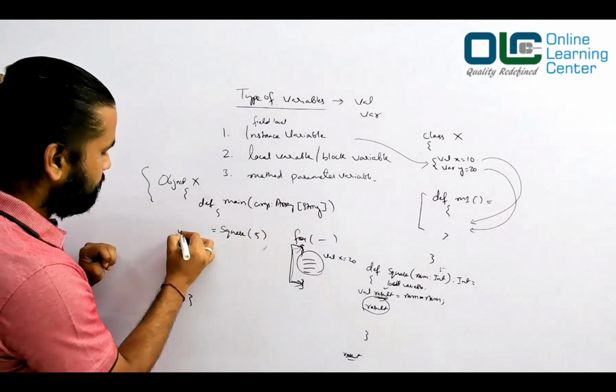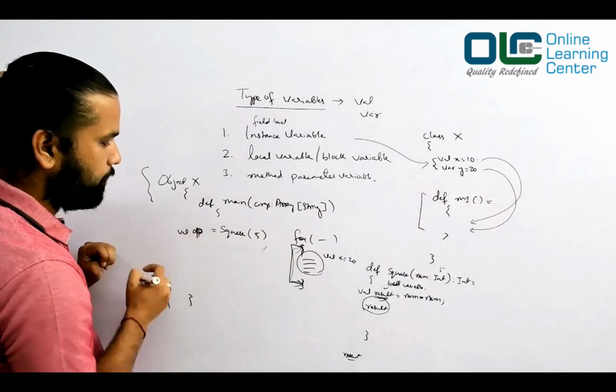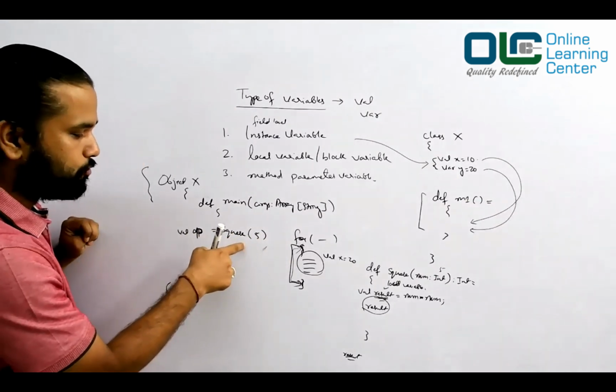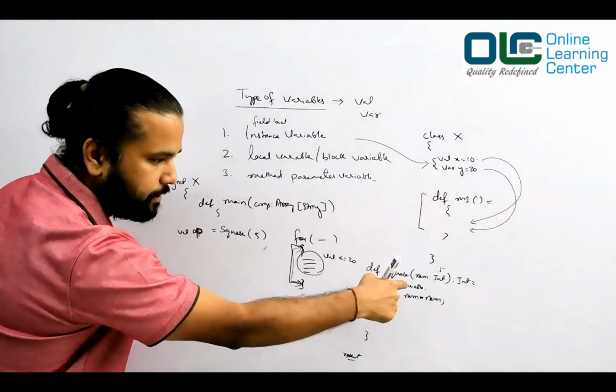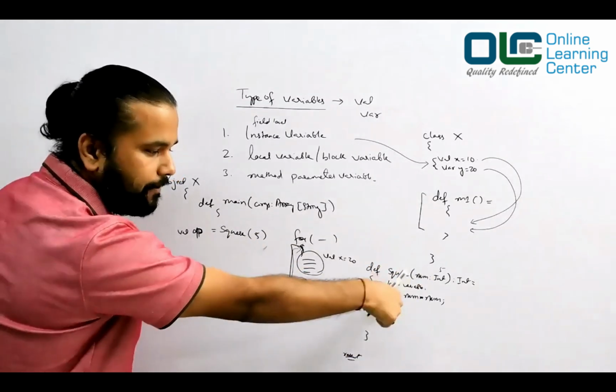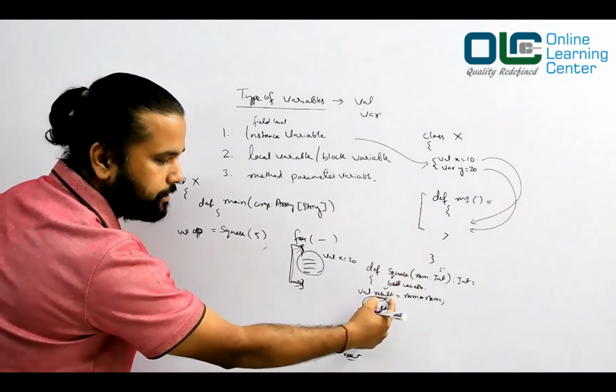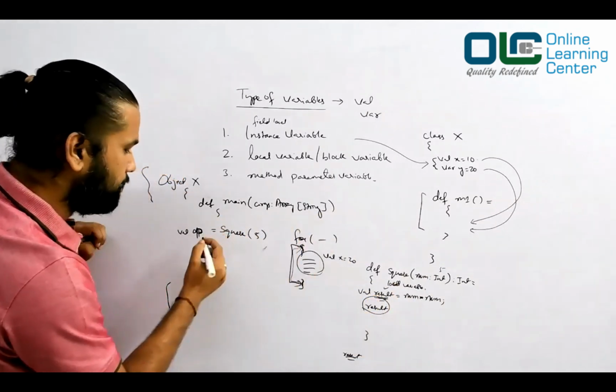So I'll say val output. When you do this, val output equal to square of 5, what happens? It calls this method by passing 5. 5 is passed, the expression is evaluated, 5 into 5 became 25. That 25 is stored in a temporary variable result, and then the value of the result is returned, and output would get 25.